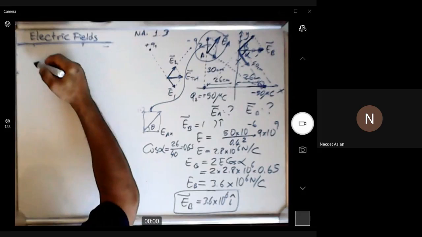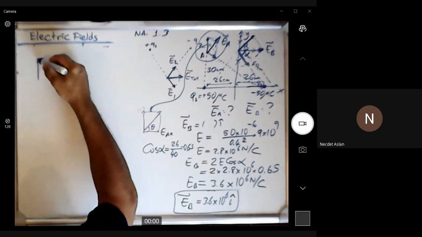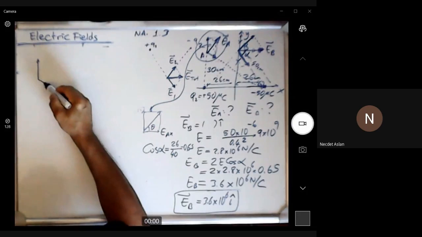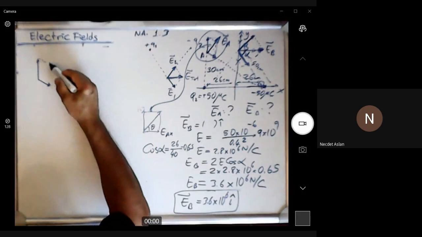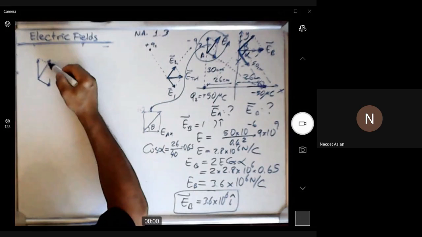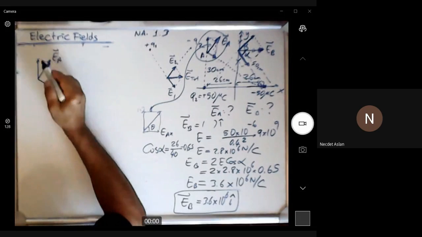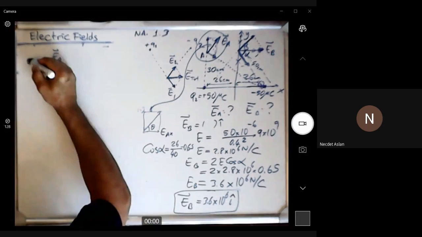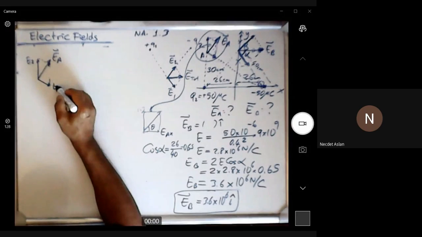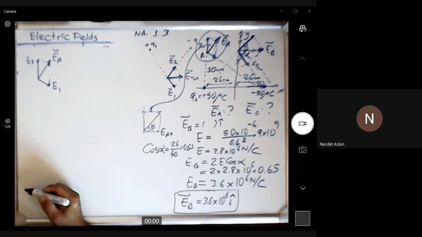So we now have this vector here, and we have another vector down below, and this will be the resulting vector. This is EA. So this is E2, this is E1. We have to find the x and y components of.